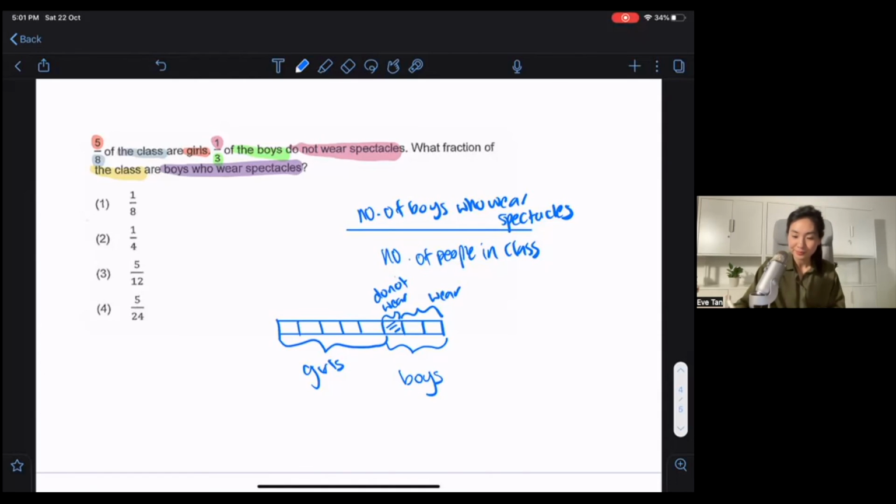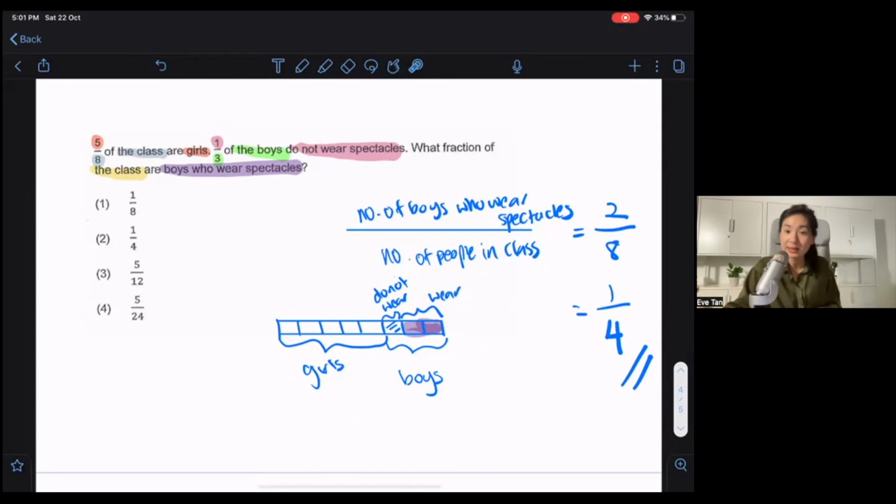What's the answer? I'm interested in boys who wear spectacles, 2 units. And what is the total strength in the class? I have 8 units. So answer will just be 2 units out of 8 units. And I have to simplify my final answer. I'll get 1 out of 4. Easy. Just draw the model. You can see the model very clearly and you can get the final answer.